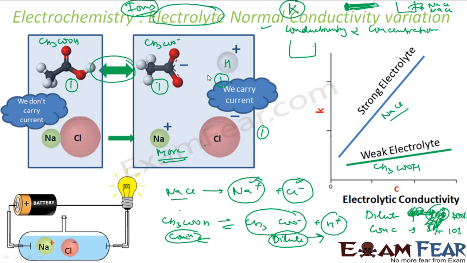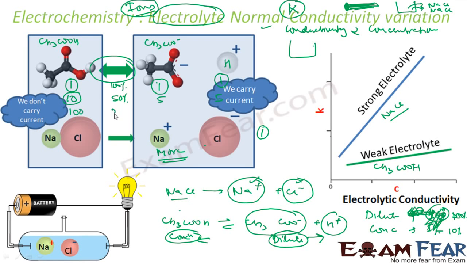Correct? Now, if I make it more concentrated, let me make it 10 moles. In 10 moles, instead of 100% dissociation, let's suppose dissociation is 50%. 50% of this, you get 5 moles of this, and 5 moles of this. Let me make it 100 moles.